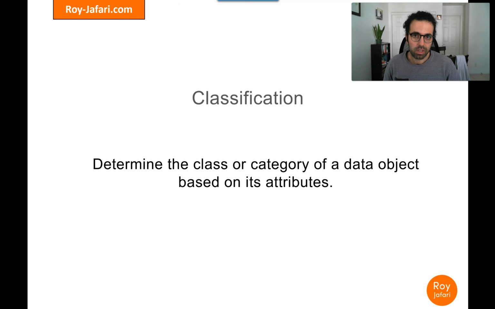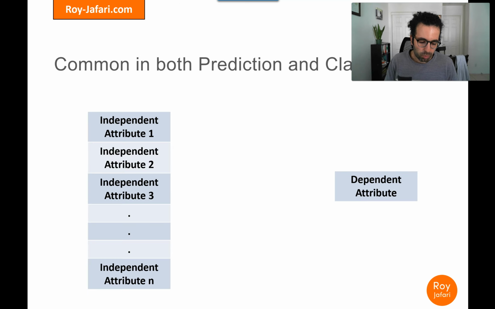Just to recap, we are going to use Naive Bayesian for classification, and classification is for figuring out a class or a label of a data object based on its properties. For us to be able to do that, we connect the independent attributes, or the properties, to the dependent attribute.